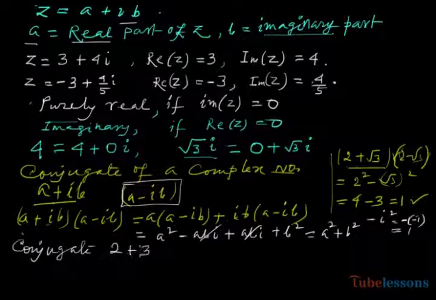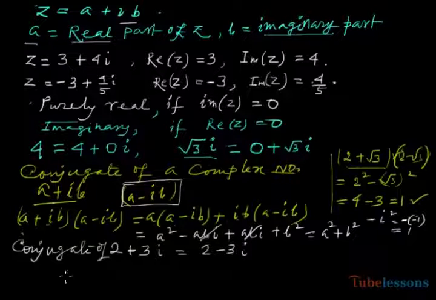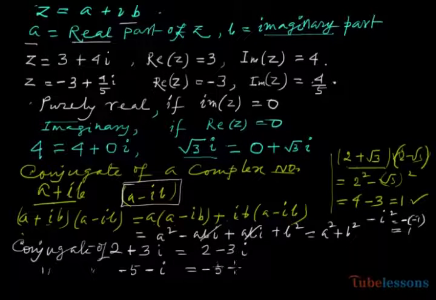The conjugate of 2 plus 3i is 2 minus 3i. The conjugate of minus 5 minus i is minus 5 plus i.